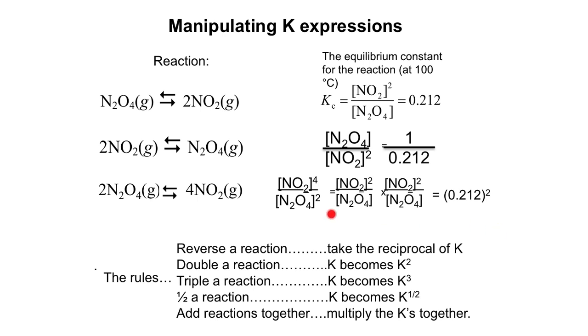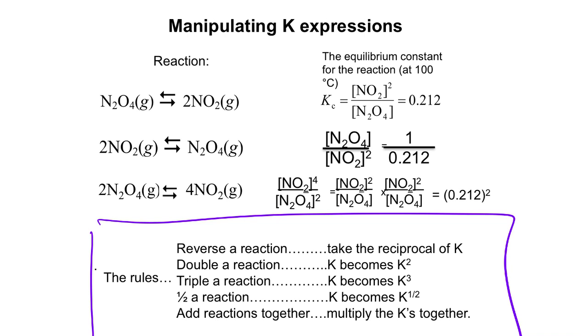So there are a number of rules that you should remember and work with when we're manipulating our equilibrium expressions. If we reverse a reaction, we take the reciprocal of K. If we double a reaction, multiply it by 2, K is squared. If we triple a reaction, K becomes K cubed. Raise it to that power. If we halve a reaction, K becomes K to the 1/2, take the square root.